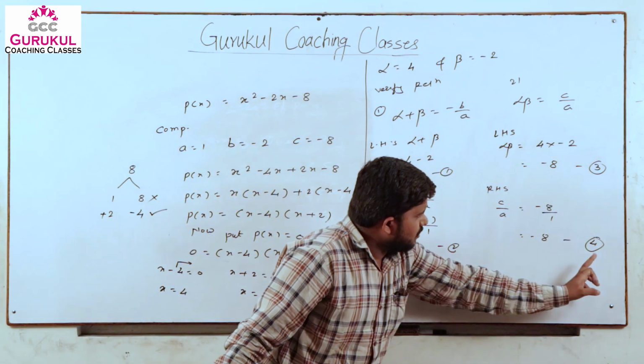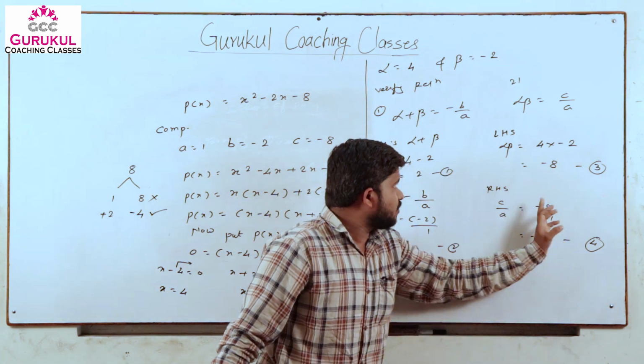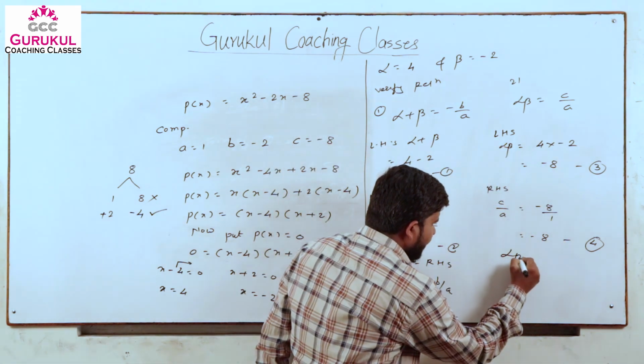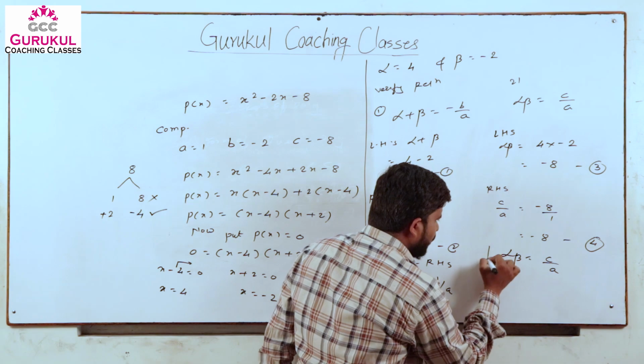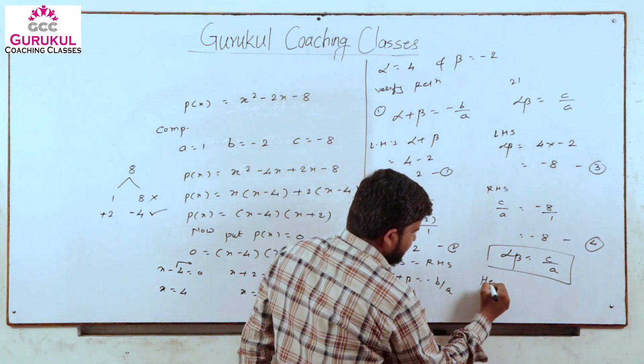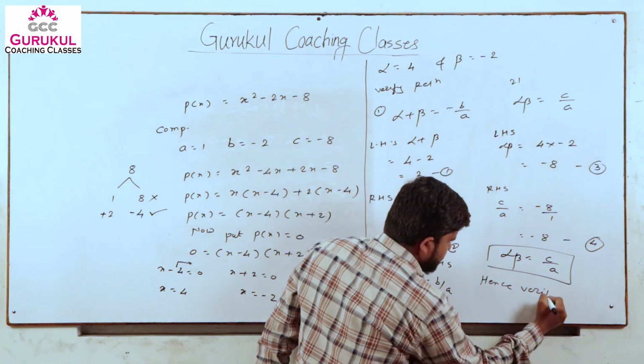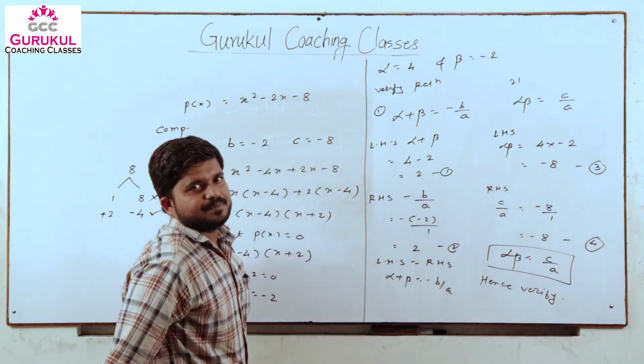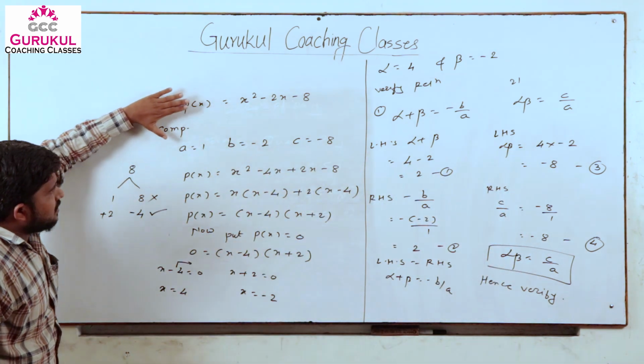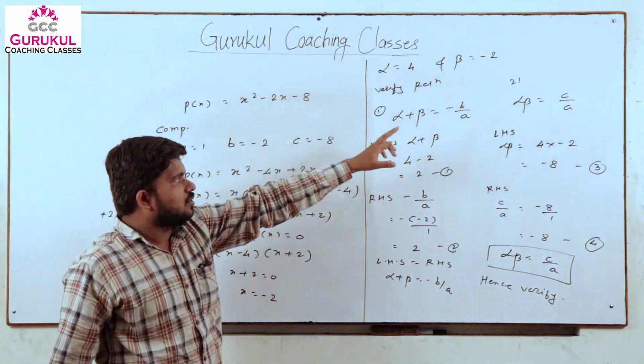From equation 3 and 4, the right hand sides are equal. So alpha beta is equal to c upon a. Hence verified.